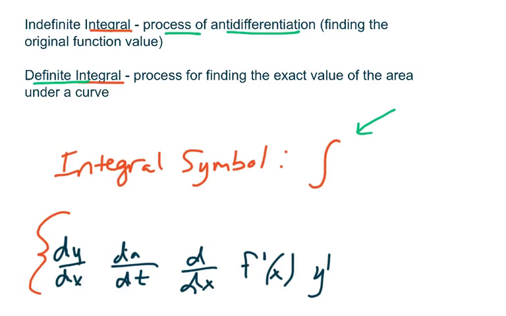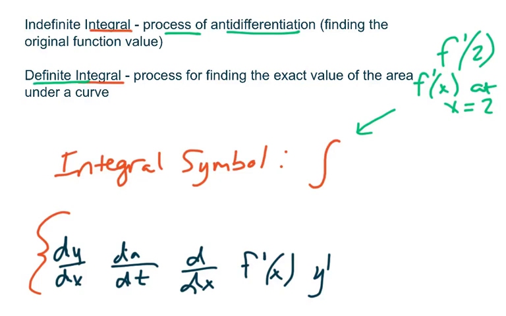Okay, so what I relate this to in the derivative world, if I said find the slope at x equals 2. Right? So f prime of 2. So this means that we first have to find the derivative function, and then you plug in at a certain x value. Right?